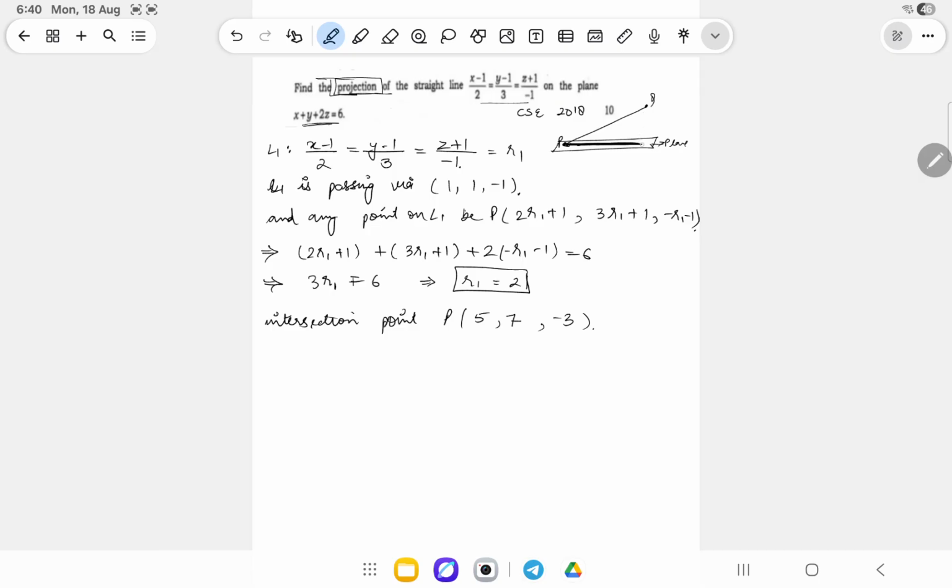If you observe, if I get any other point of the projection line, I can easily find the equation of the projection line. We know that the foot of perpendicular from point Q we can easily calculate, because we know point Q and the equation of the plane.